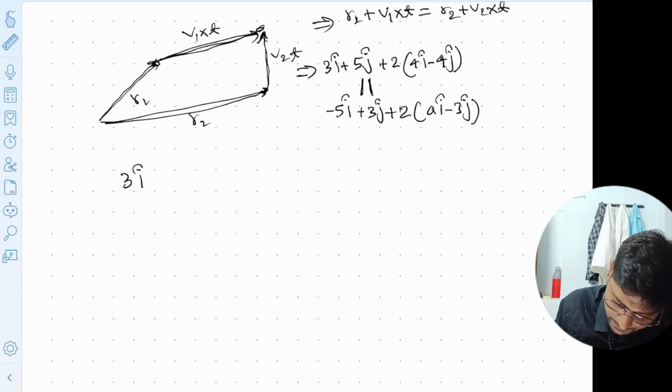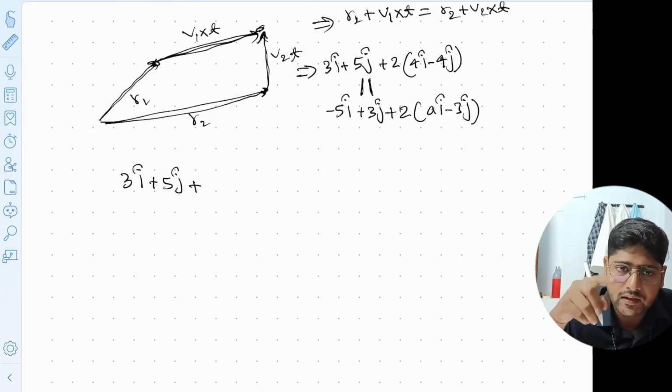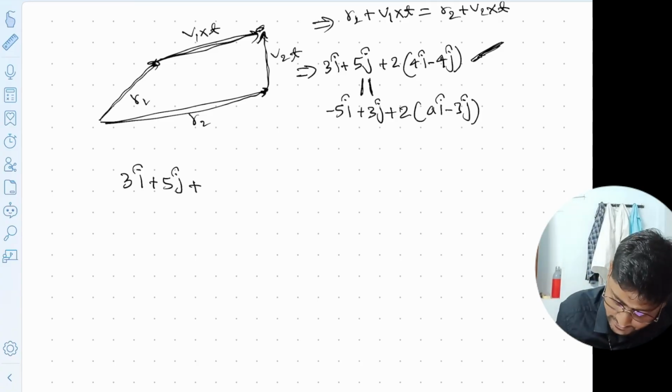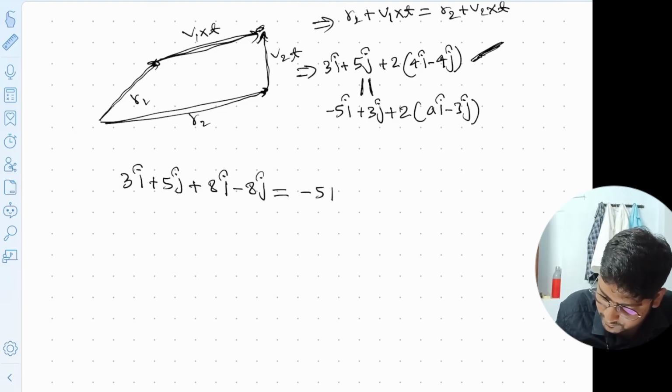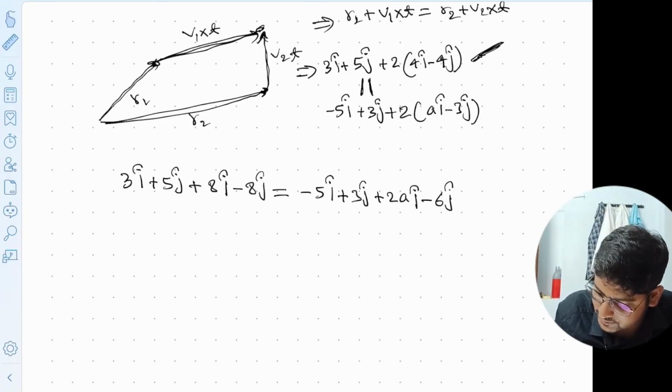So I can write 3 i cap plus 5 j cap, plus 2 into 4, 8 i cap, 2 into minus 4, minus 8 j cap, will be equal to minus 5 i cap plus 3 j cap plus 2a i cap minus 2 into 3, 6 j cap.